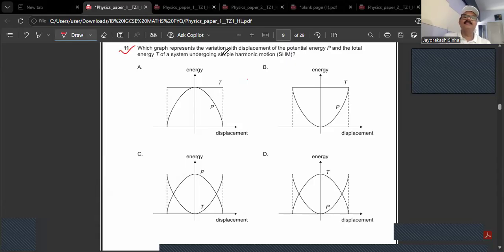Which graph represents the variation with displacement of the potential energy P and the total energy T of a system undergoing simple harmonic motion? So in simple harmonic motion, we are assuming that it is a simple harmonic motion.